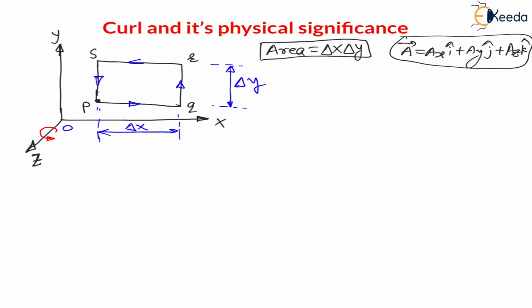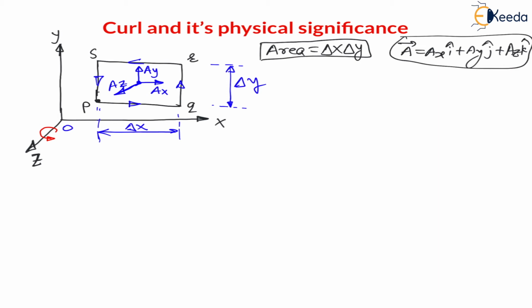At this center point, along the x direction there is an Ax component, along the y direction there is an Ay component, and along the z direction there is an Az component, right? This is a vector function or vector field. Now my dear students, as I go on the positive side, the magnitude goes on increasing, and as I go on the negative side, the magnitude goes on decreasing. That we have already mentioned, that is, assume there is some positive gradient along the positive direction, right?